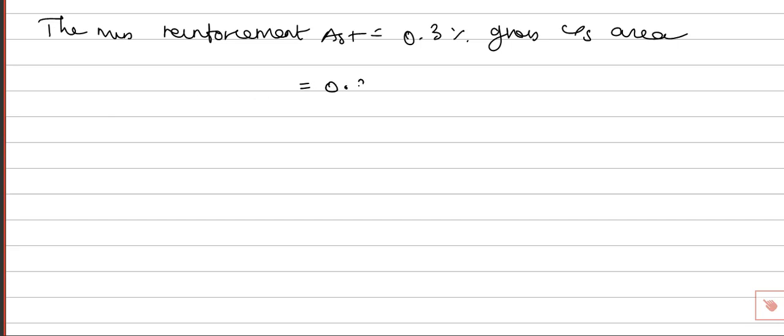So 0.3 multiplied by 1000 into 220, which is nothing but B into D, since we have considered 1 meter. So what is the answer? 660 mm square.